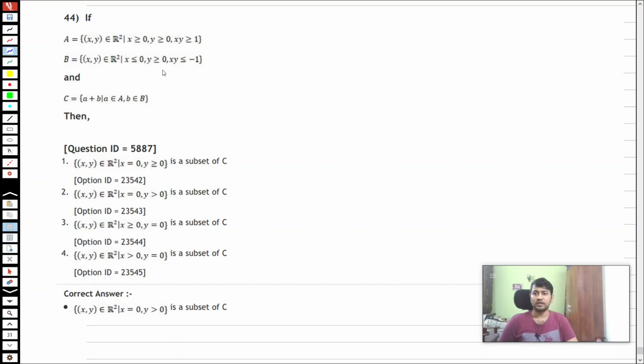Now question number 44, we have been defined two sets. Set A is positive x and positive y such that xy is greater than 1. So let me draw the curves.